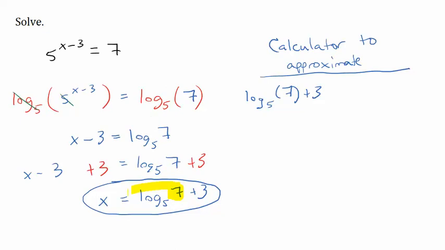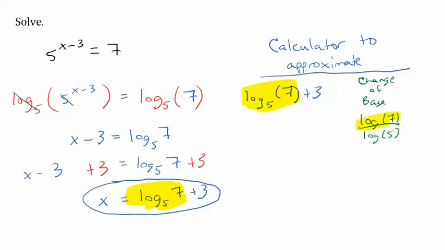So you could do that with the change of base formula. So log base 5 of 7, you could type this in if your calculator can do that, or you'd have to use the change of base, which tells you that this is the same thing as the log of 7 divided by the log of 5.